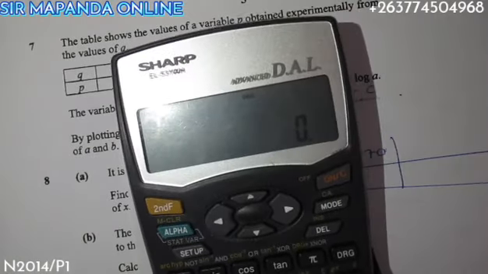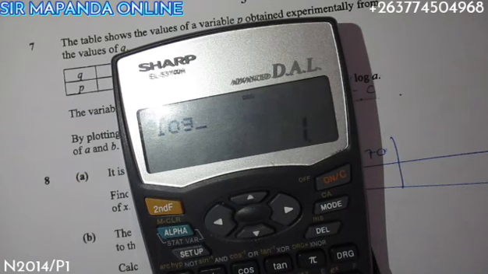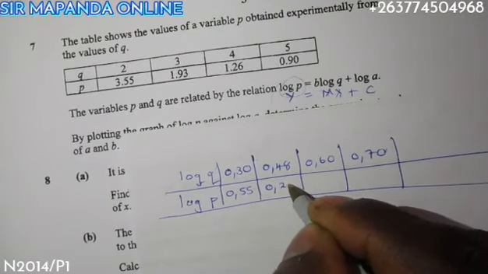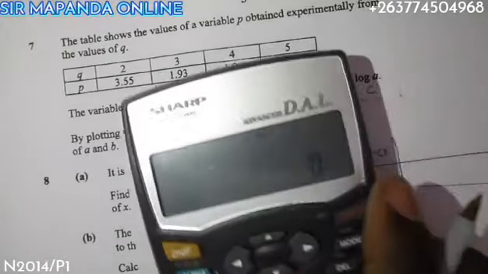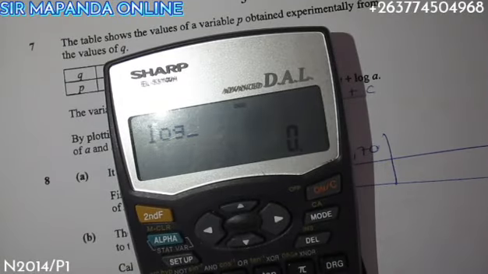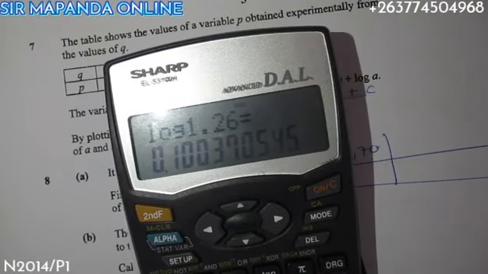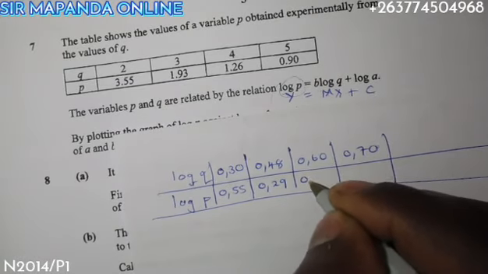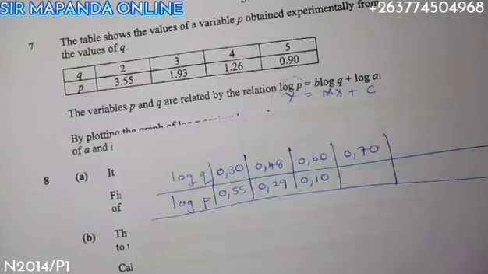Then log 1.93, you get 0.29. So you write 0.29 here. Then log 1.26, you get 0.10. I'm giving them two decimal places.